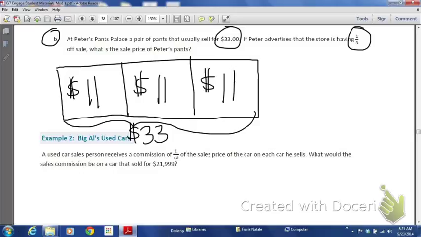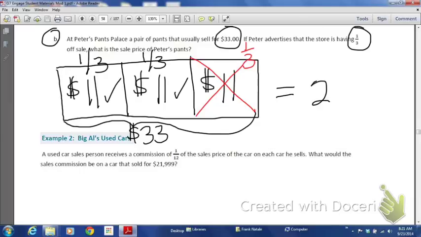So our discount is 1/3. If we take off this 1/3, because this 11 is 1/3, if we take $11 off, we are left with 11, another 11 is 22.